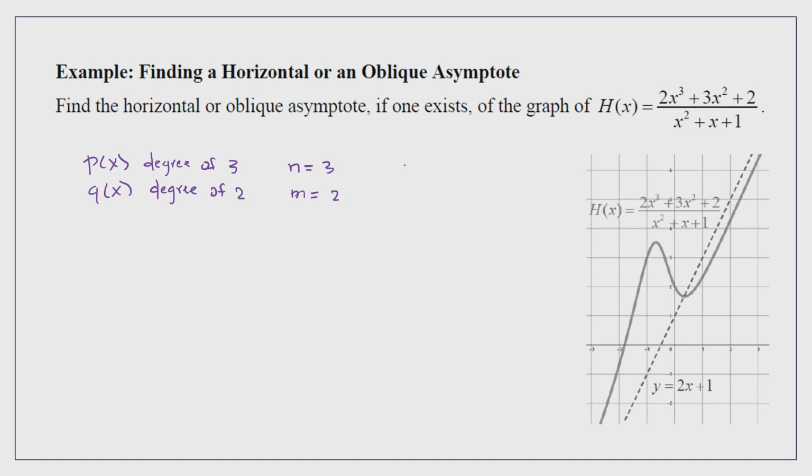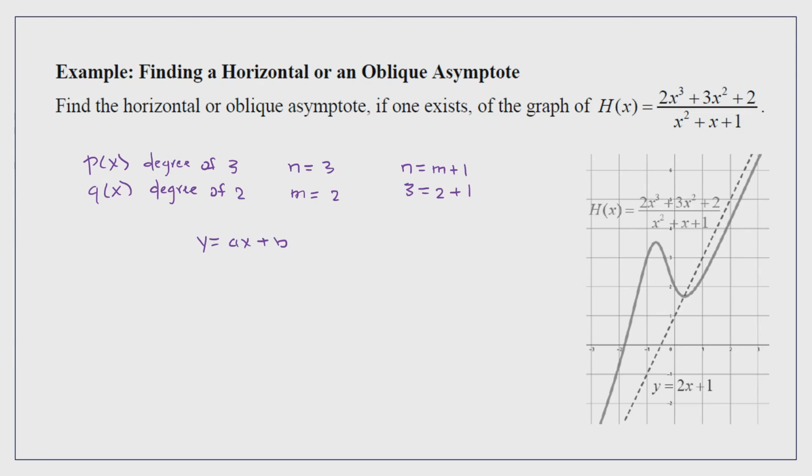Notice that n is 1 more than m, because 3 equals 2 plus 1. Since 3 equals 2 plus 1, we know that there's going to be an oblique asymptote of the form y equals ax plus b, where a does not equal 0.